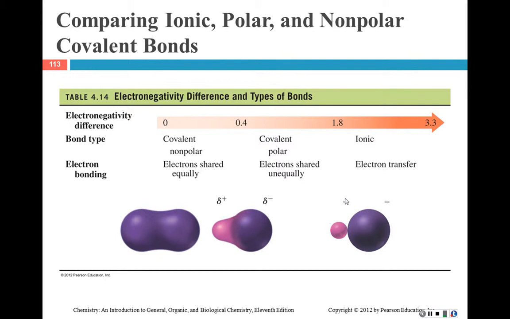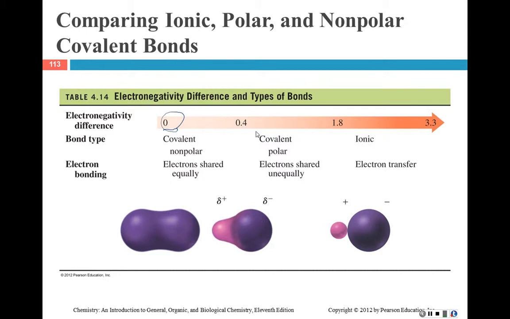All of these elements will have an electronegativity value. If the difference is 0, then it will be equally shared between the two, and you see this typically when they are the same exact element.